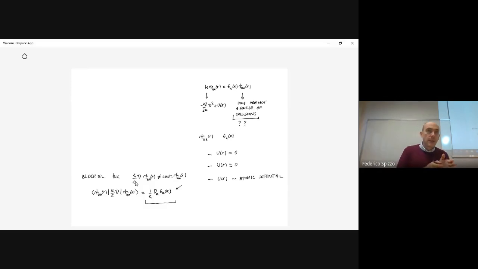So the atomic potential is the worst case from the point of view of the solid, because if the electron feels just the atomic potential, this means that the electron is bound to the atom and is unable to move in the solid. So we will try to use a U of R that is close to the atomic one, but not exactly equal to that, so it will be possible for the electron to move, to change position in the solid.